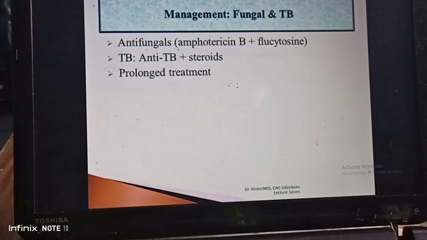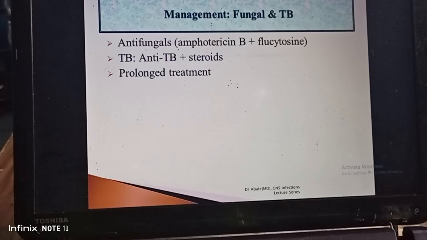These are the first line anti-TB drugs, so they are used in the treatment of tuberculosis. Unlike pyogenic or bacterial meningitis, the use of steroids in TB meningitis is recommended. The use of steroids in TB meningitis is part of standard management.